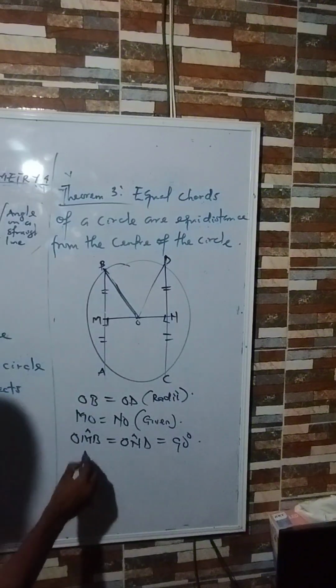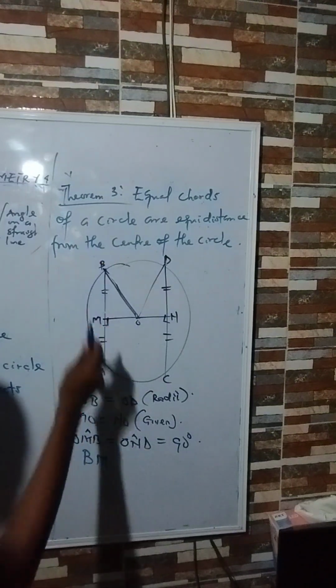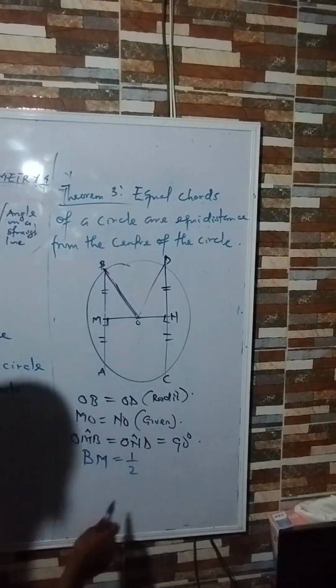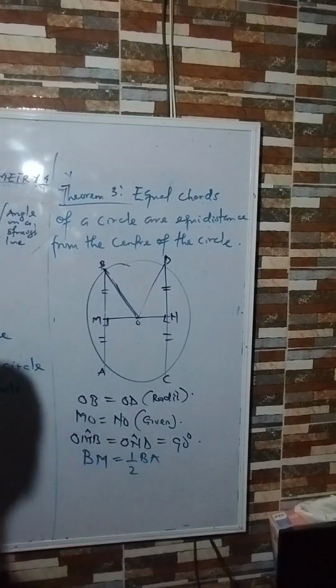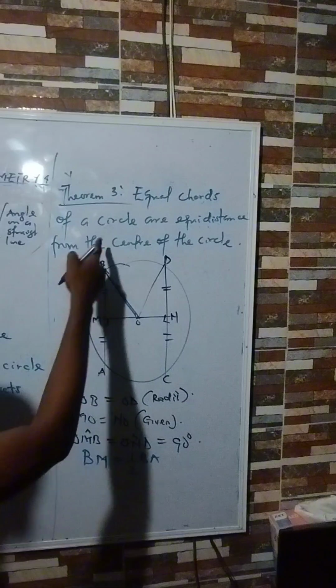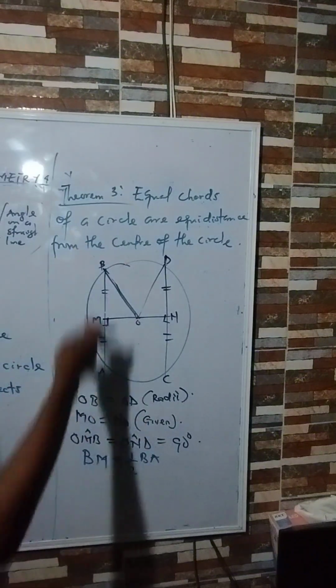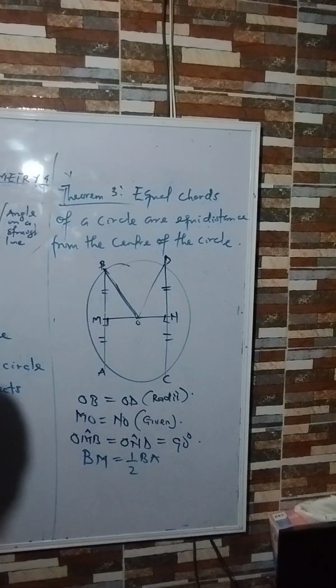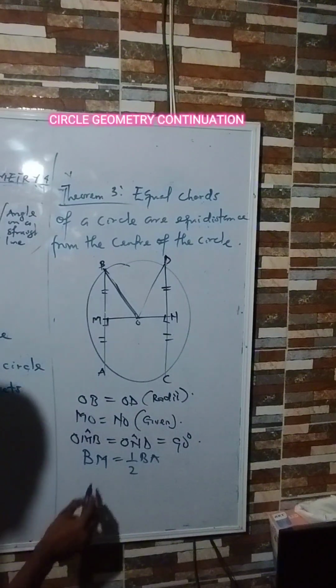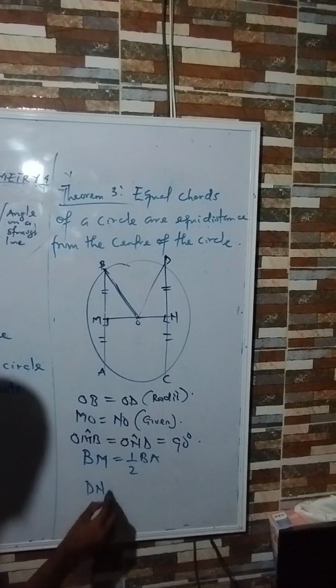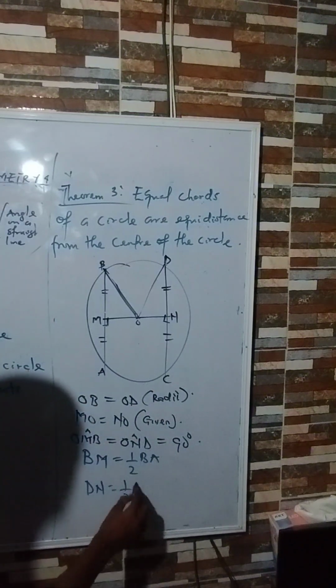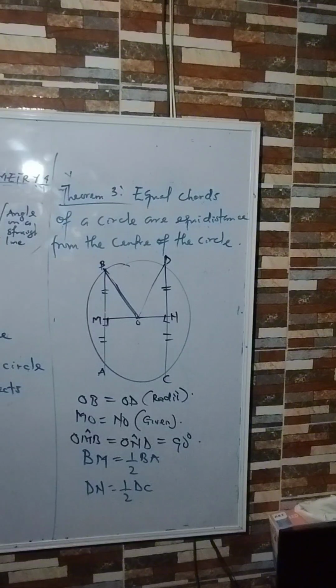Our BM is equal to half of BA. Likewise, we can as well say that our DN is also half of DC. So BM is equal to half of BA, and as well we have it the other way around, that our DN is also half of DC.